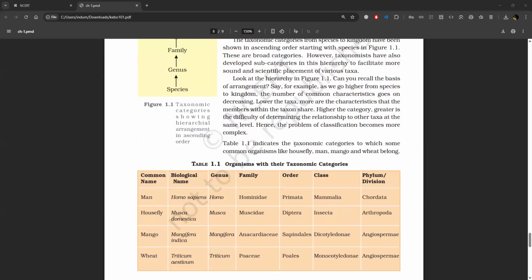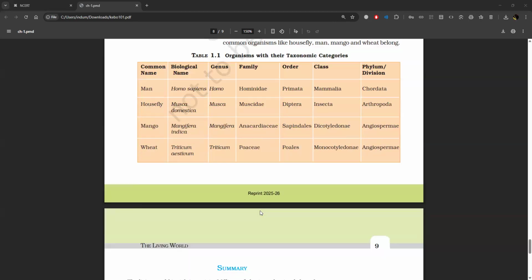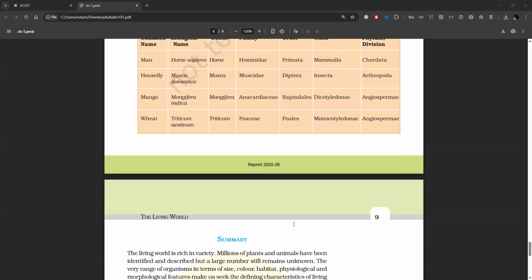Lower the taxa, more are the characteristics that the members within the taxon share. Higher the category, greater is the difficulty of determining the relationship to other taxa at the same level. Hence, the problem of classification becomes more complex. Table 1.1 indicates the taxonomic categories to which some common organisms like housefly, man, mango, and wheat belong. Table 1.1 Organisms with their taxonomic categories.